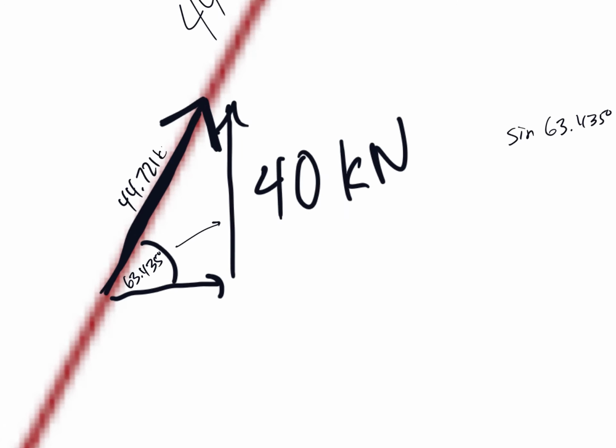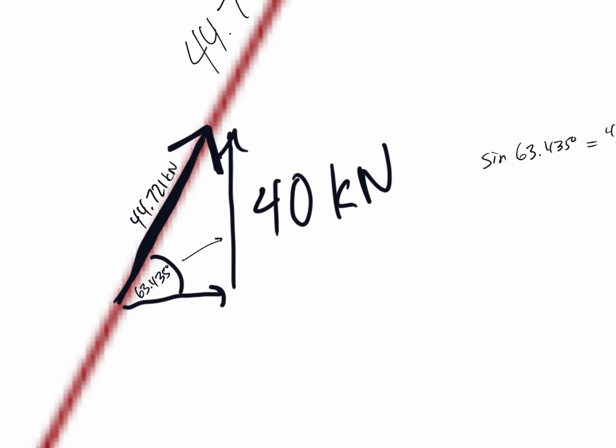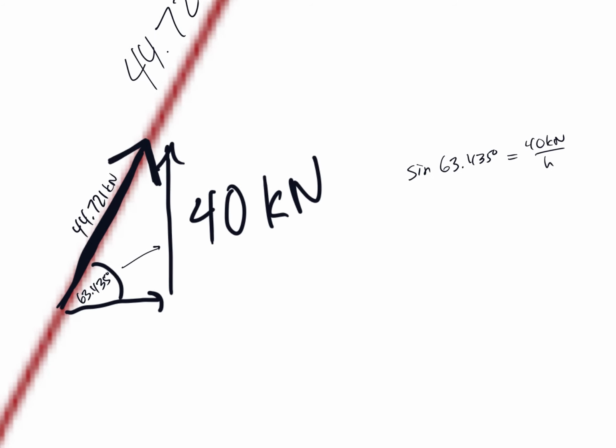Then we need the x component. Basically I can just do 44.721 times the cosine of 63.435, and we get 20.0 kilonewtons.